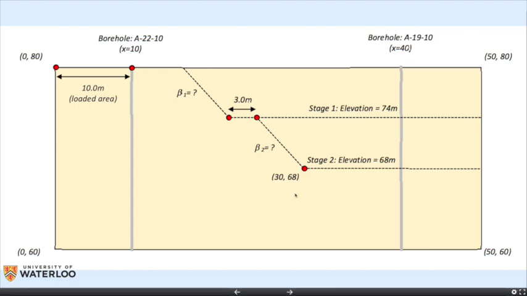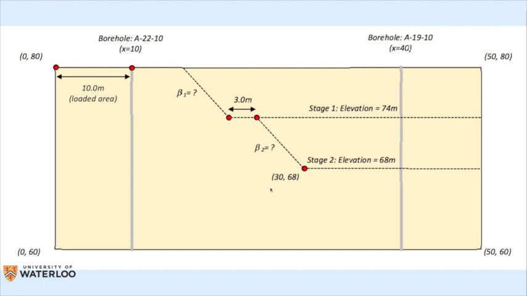Then you have to keep in mind that you cannot move these points. This point is basically defining where the new building is going to be constructed. This is the area where the new building is going to be, so you cannot move this point. And this distance is the minimum distance you are going to keep for the excavation step.